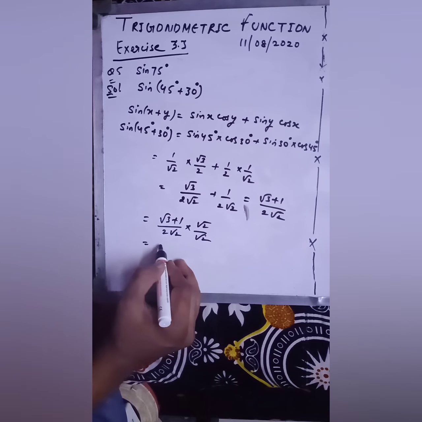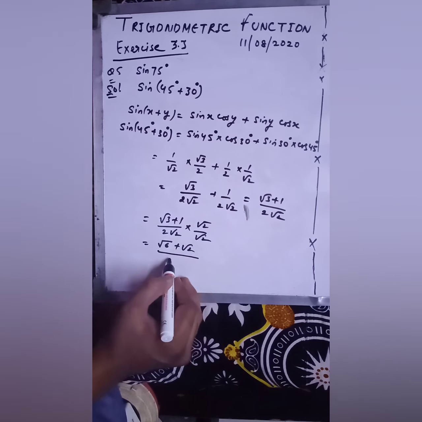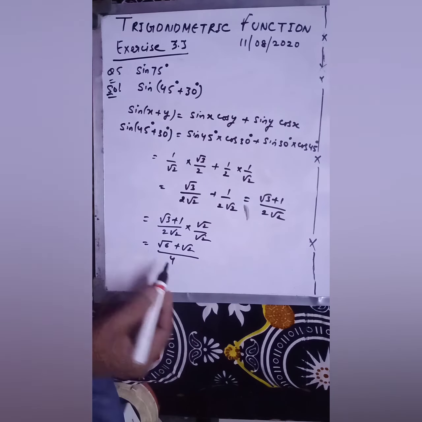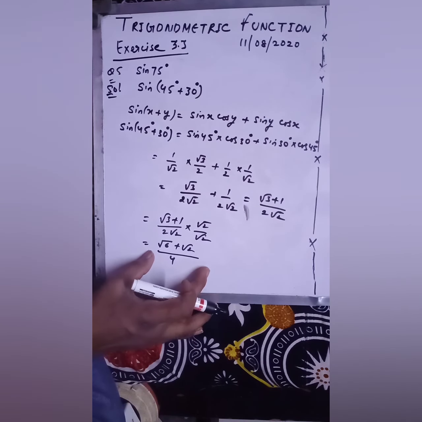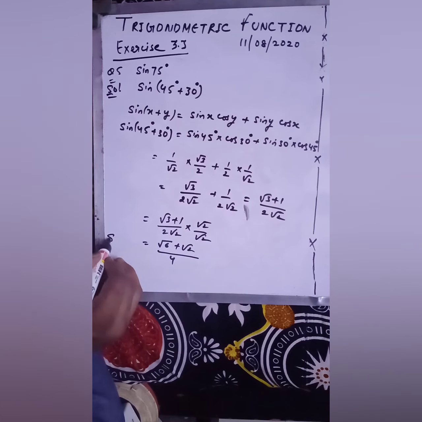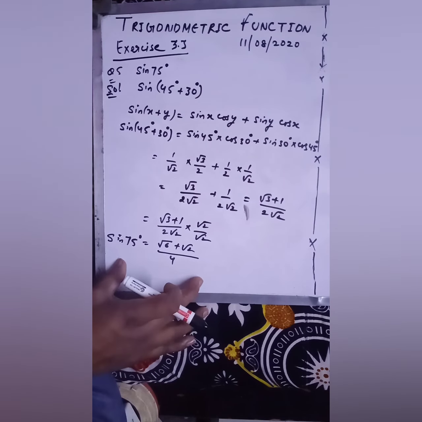Simplify it and you will get root 6 plus root 2, and in the denominator you will get 4. So this is the value of sine 75. This is how you can solve this question.